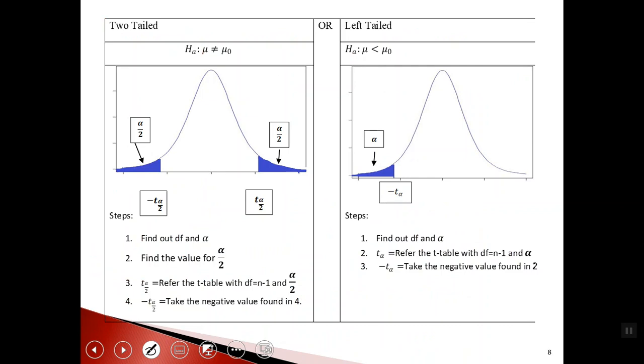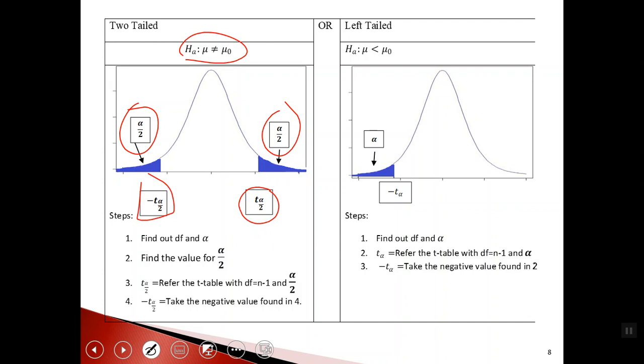If you consider a two-tailed test, same as previous cases, when your alternative hypothesis is mu not equal to mu naught, one part goes alpha over 2, the other part goes alpha over 2. So when you figure out the t alpha over 2 value, then take the same value and change the sign.